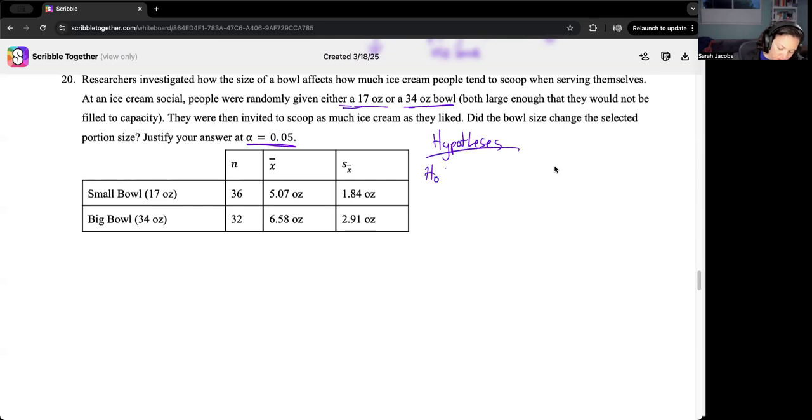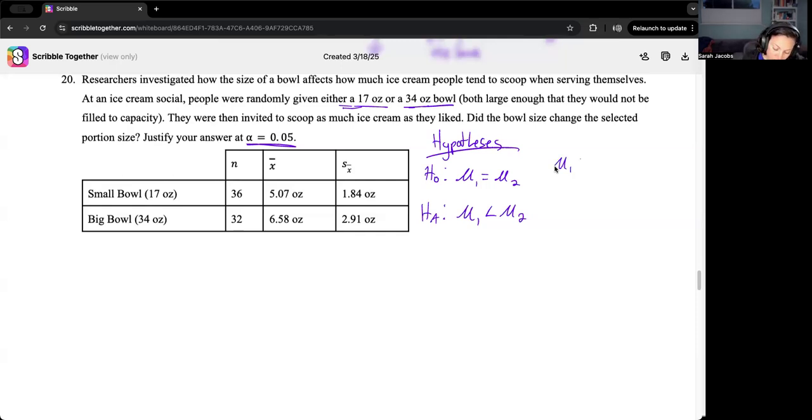So our null is going to be, since we're dealing with means, that mu1 is equal to mu2. And our alternative is going to be that mu1 is, I don't know, let's say less than mu2. And so then we used mu's, those are variables, let's define them.